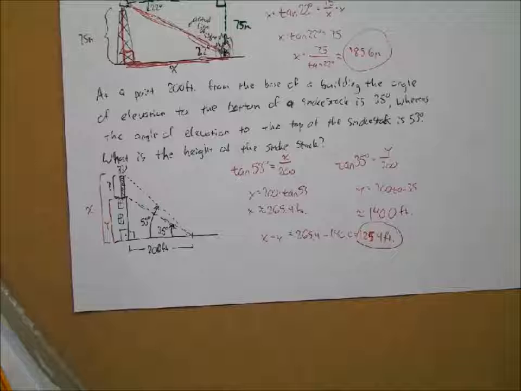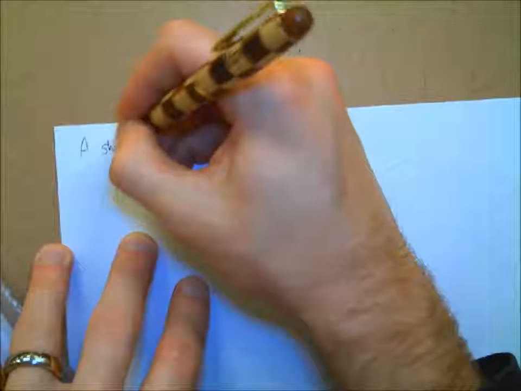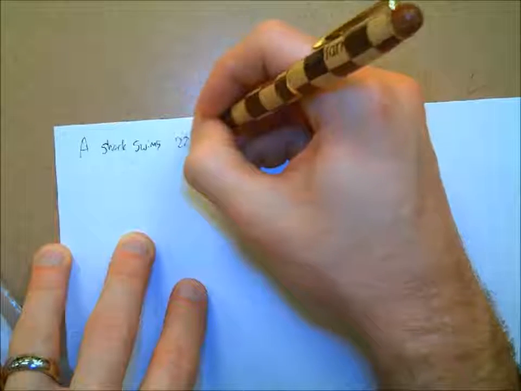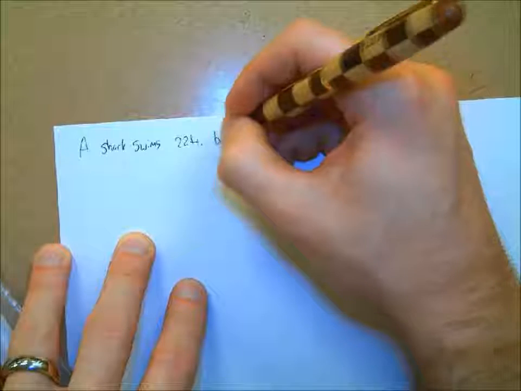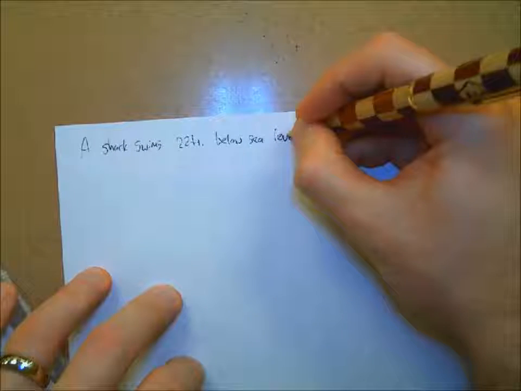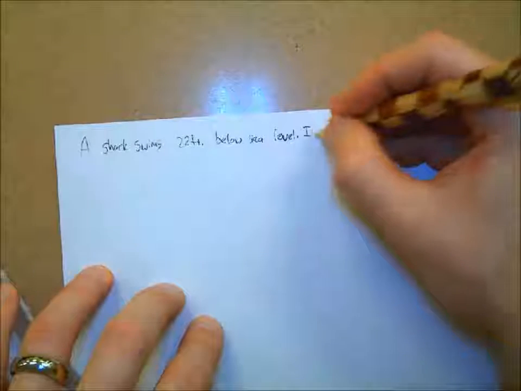This will be for you to try. Our last one here is for you guys. A shark swims 22 feet below sea level. Maybe they're using one of those radars that fishermen use, or fishers use.